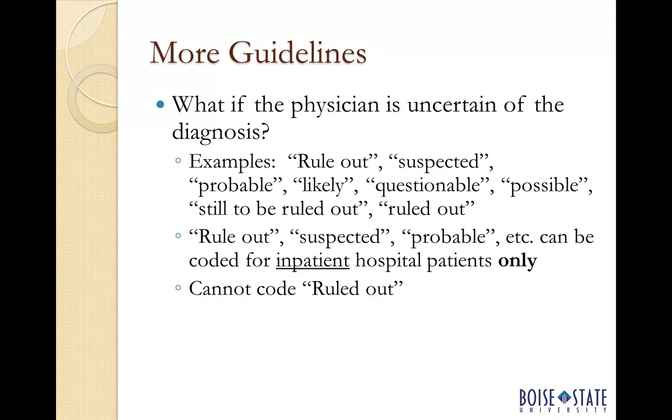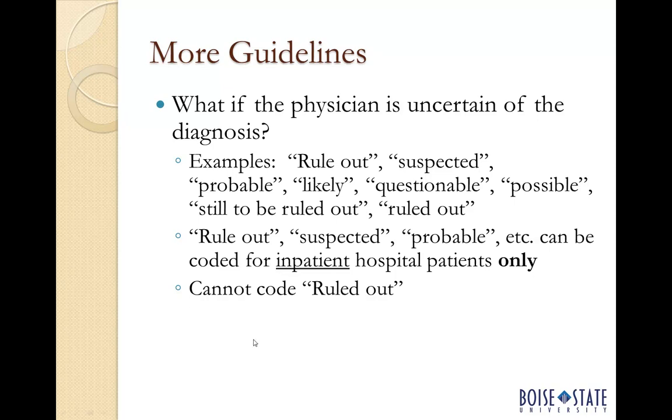Probable pneumonia, we code pneumonia. Suspected infection, we code the infection. That's an inpatient only rule. The logic is that if we're admitting them to rule out an MI, we're probably going to do the full workup and treat the patient as though they have an MI until we can confirm that it is not an MI.